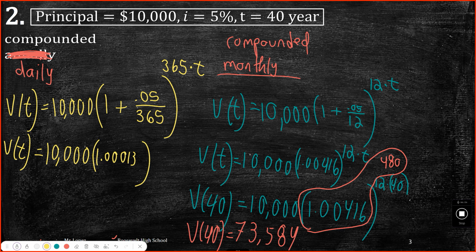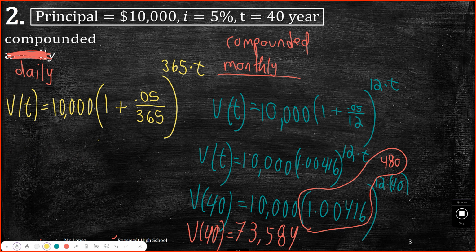Can we just save this? Hold on here. You know what's the best way to do this so you can get a perfect answer? Let's not even get this number. Let's get this number better.